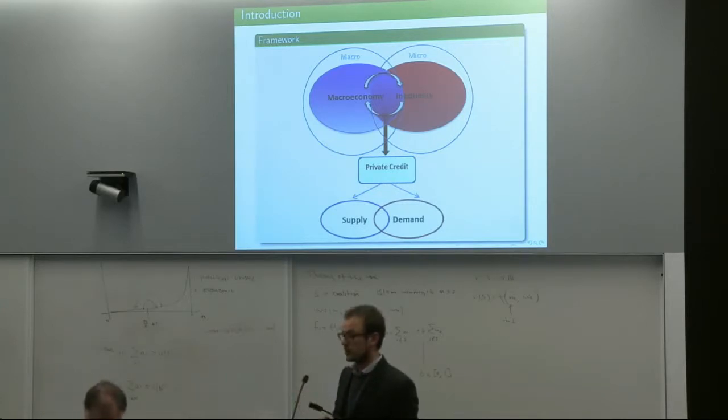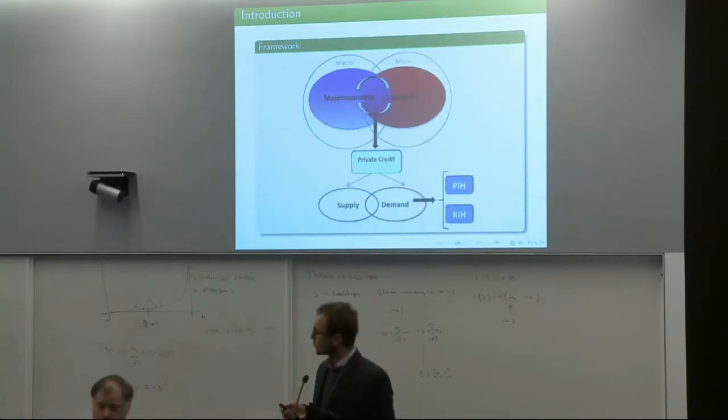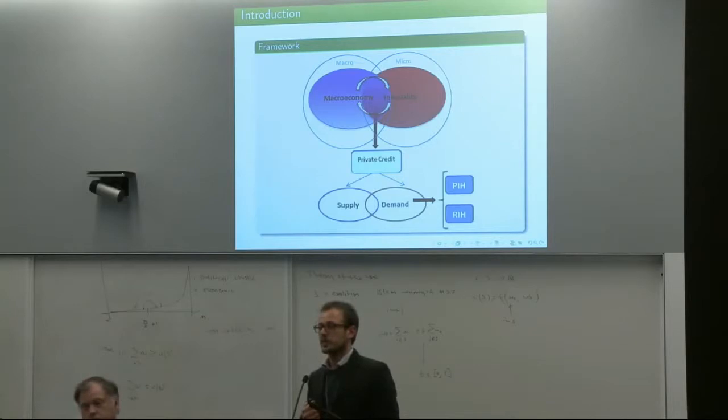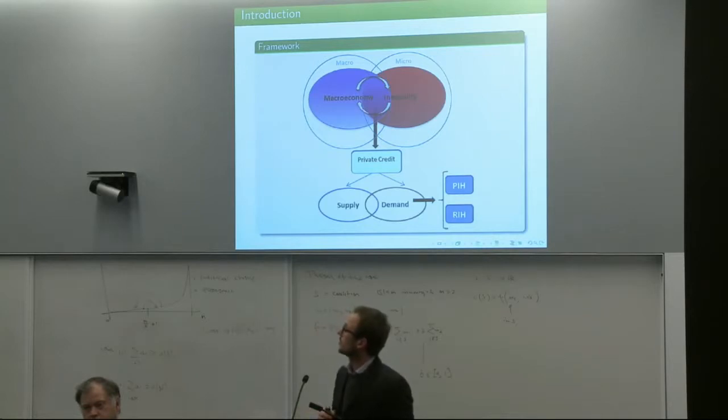Some other theories put more emphasis on the role of the demand for credit. I would like to focus more on the demand for credit, because I think there are more theoretical foundations, especially in macroeconomics, and because theories grounded in the demand for credit have clearer implications which are testable with data.